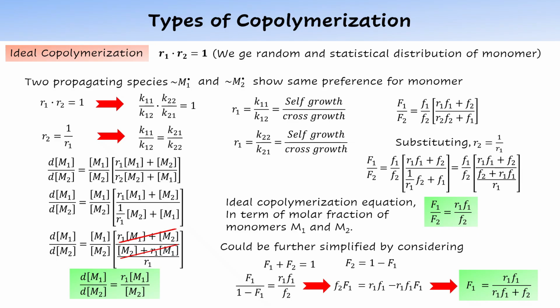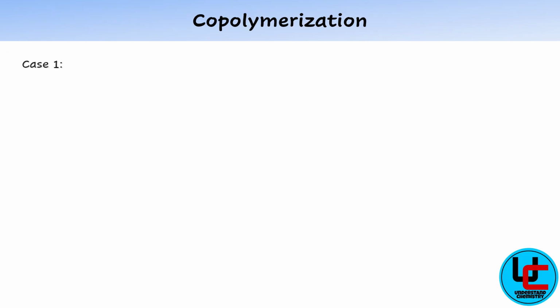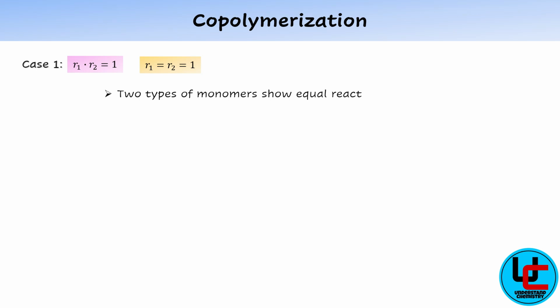Let's compare two types of copolymerization, ideal and statistical. In the ideal case, where both reactivity ratios R1 and R2 equal 1, the two monomers show equal reactivity. This means the copolymer composition exactly matches the monomer feed composition.